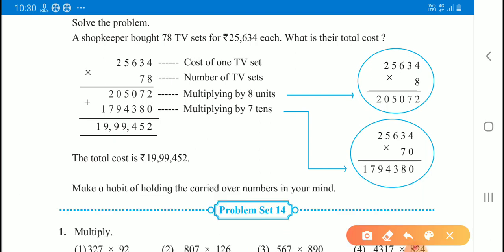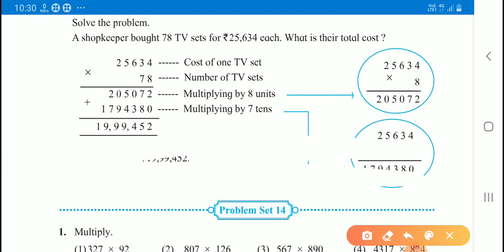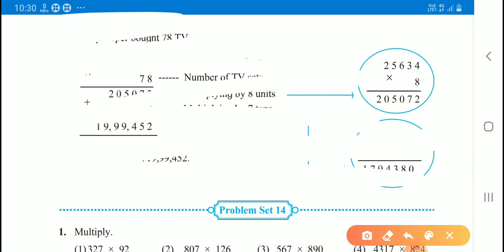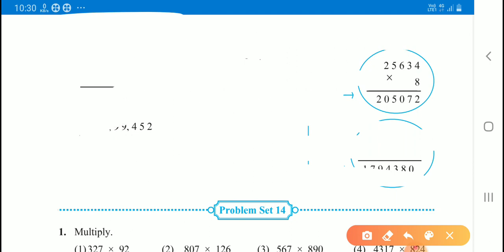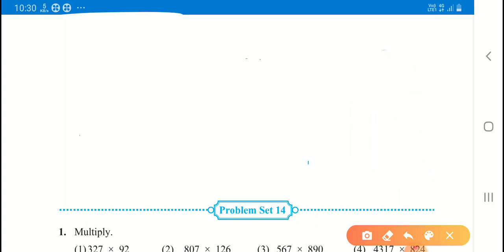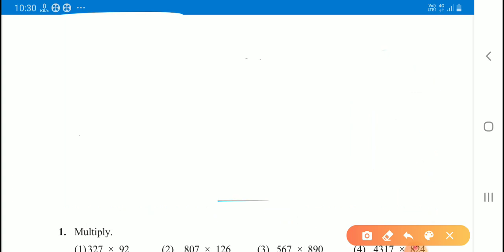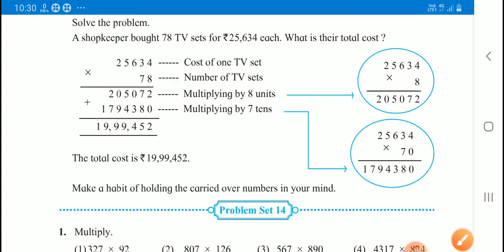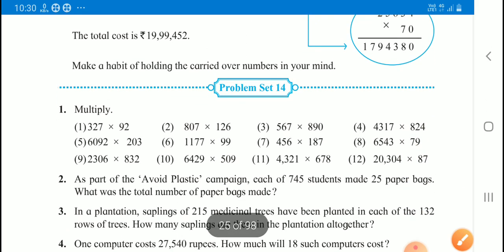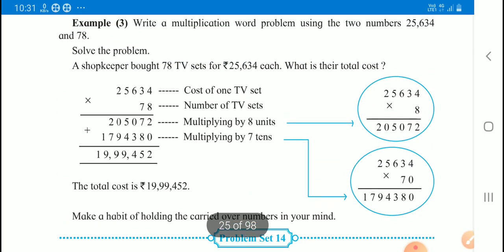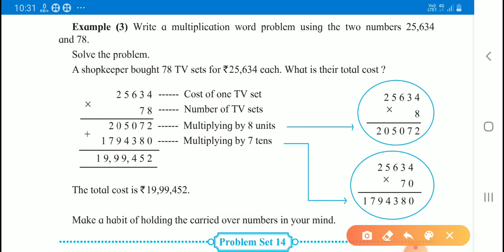First I will make the place for solving the problem. What is your problem? I will rub little more place because the example is more bigger. Here 20,304 multiplied by 87.